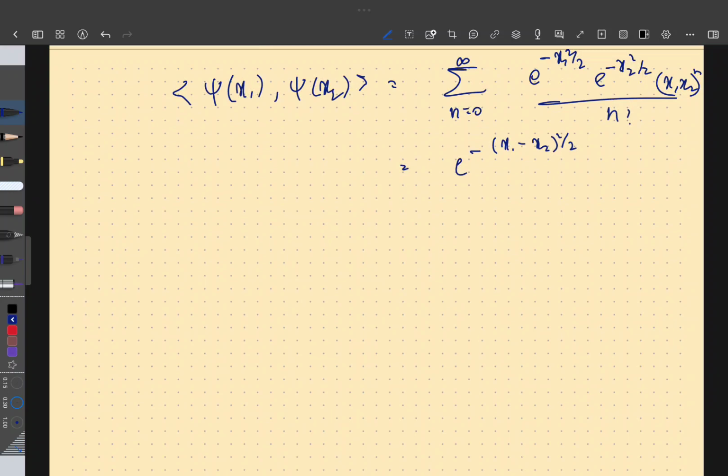Okay, so here's another property of PDS kernels. PDS kernels give rise to a Cauchy-Schwarz inequality.